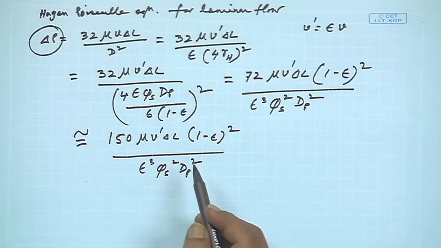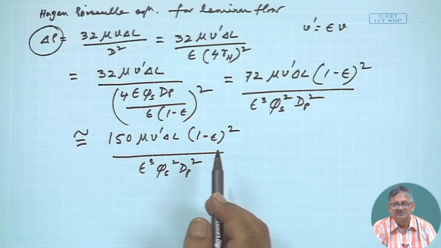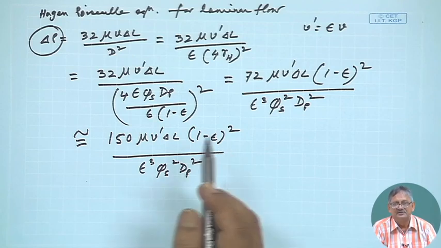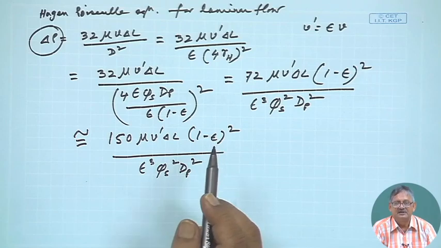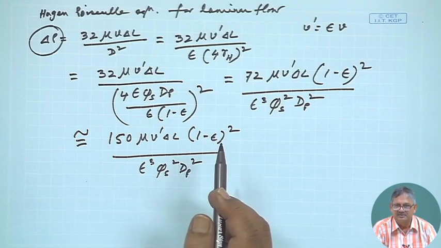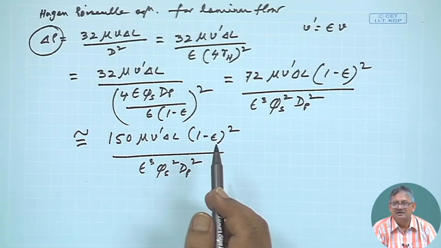This you have adjusted using epsilon, phi, everything, right. So this is for packed bed, that what is the delta P when there is a sphericity of phi s, or there is a void space of epsilon.